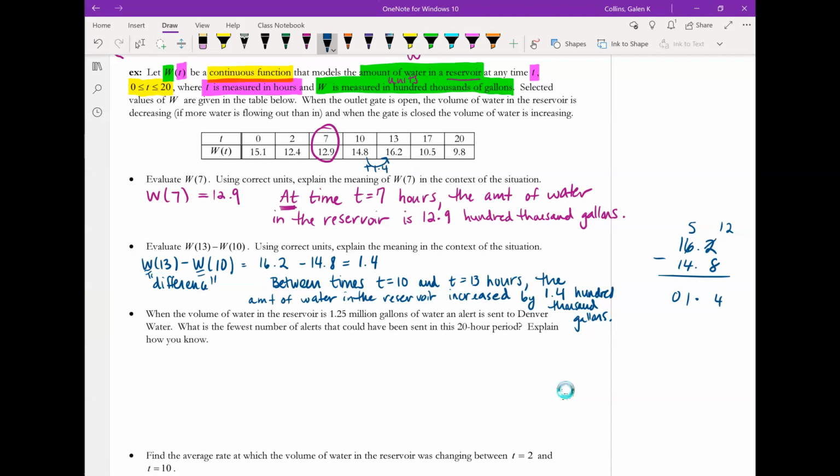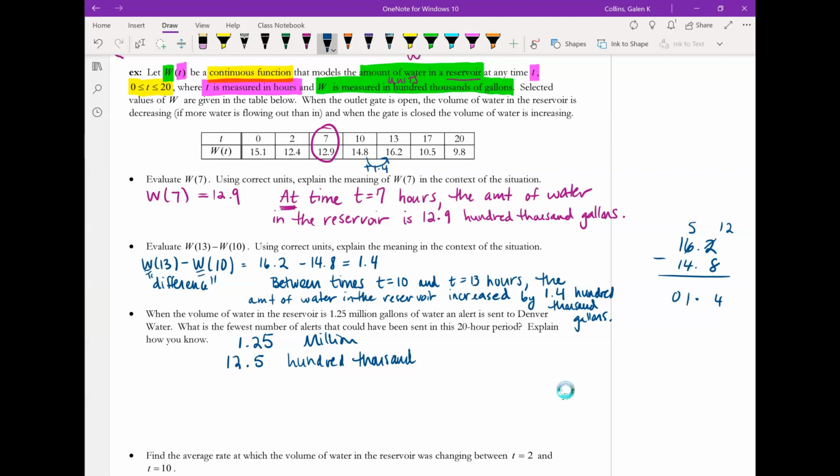So this is where the units get a little bit tricky. 1.25 million is going to be the same as 12,500,000 hundred-thousand gallons. So we just move that decimal place back one, and that's 12.5. I'm not loving the change of units in this problem, but whatever, it just makes us think harder.